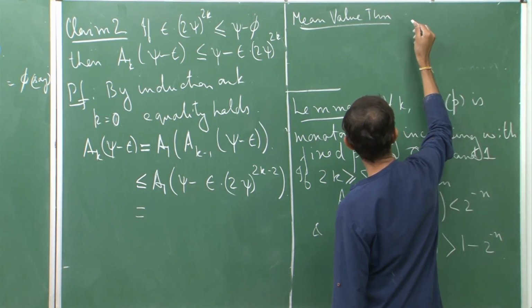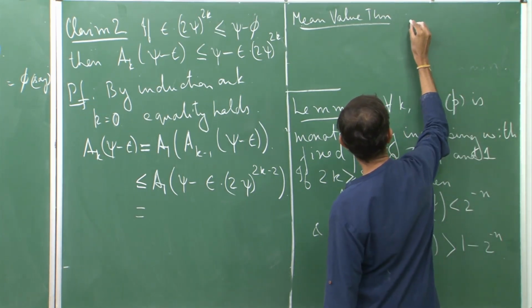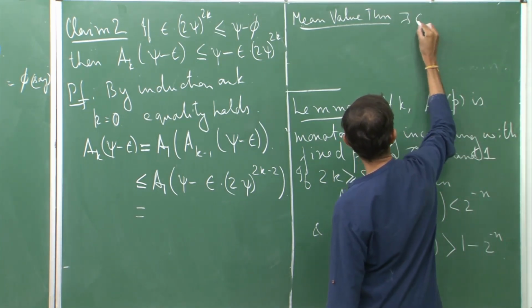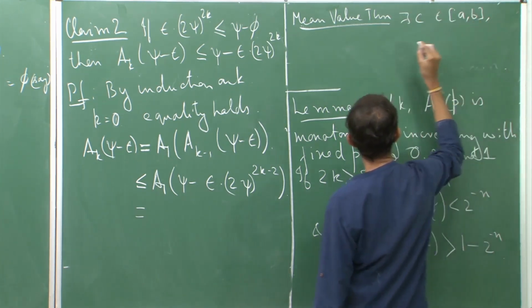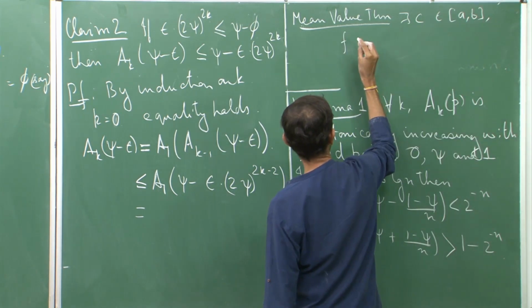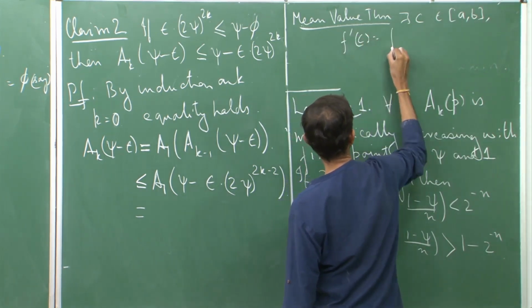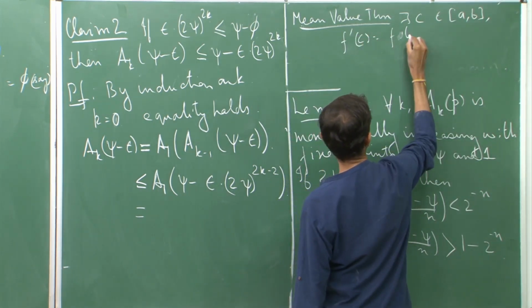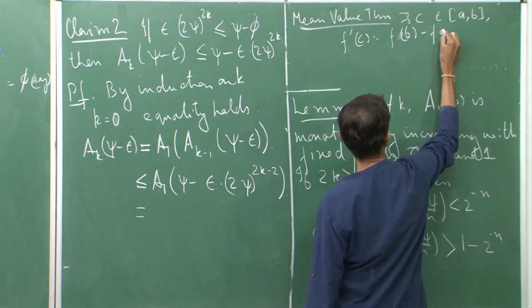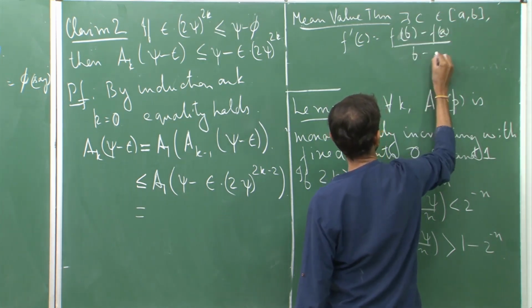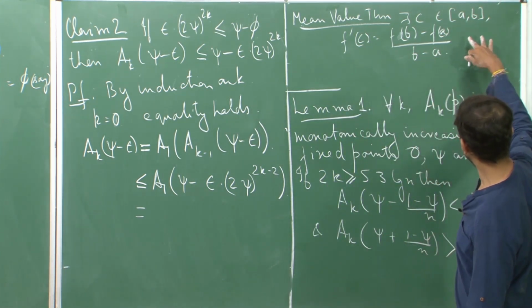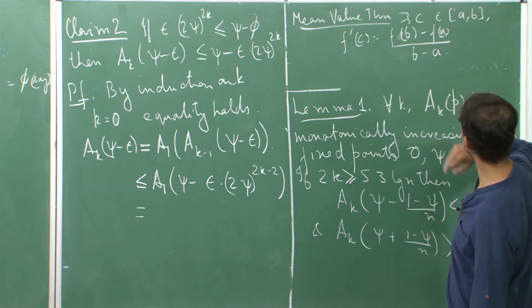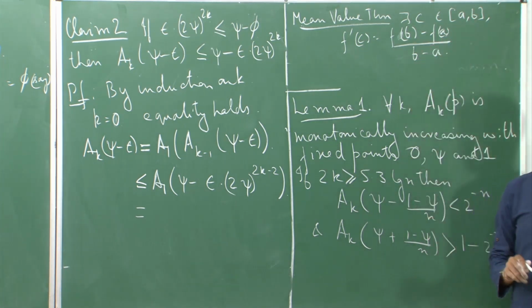Then it says that there exists a c in the interval a to b such that f prime of c is equal to f of b minus f of a, divided by b minus a. So, if I have a function which is differentiable in the interval a to b, then this holds.